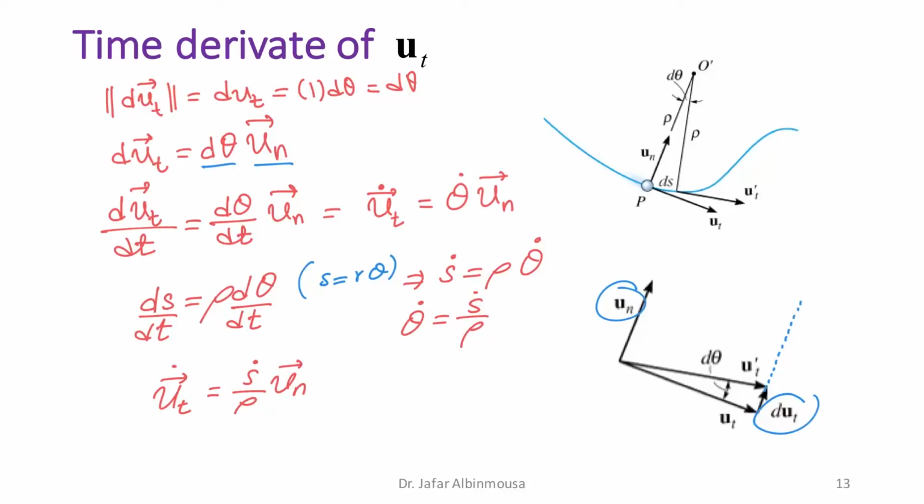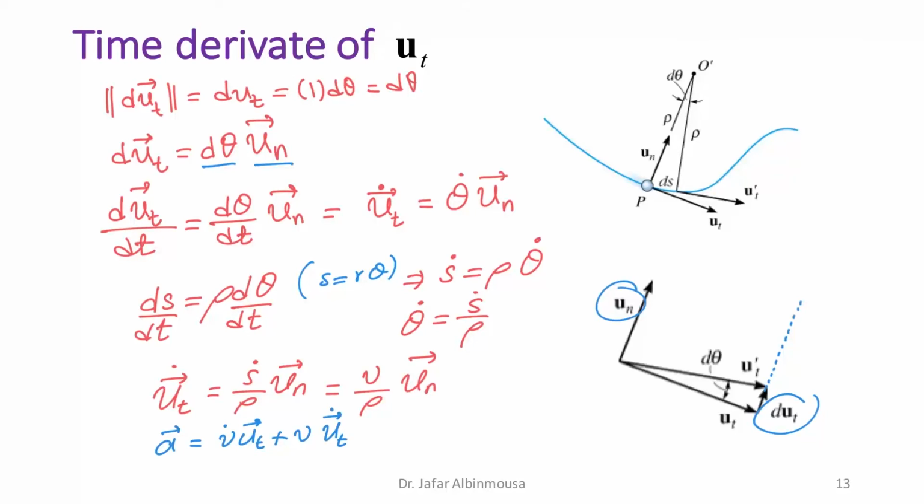But what is S dot? S dot is v. The rate of change of position is velocity. So what I get is that this is v over rho un. From the previous relation, if you remember, the acceleration is equal to v dot ut plus v multiplied by ut dot.